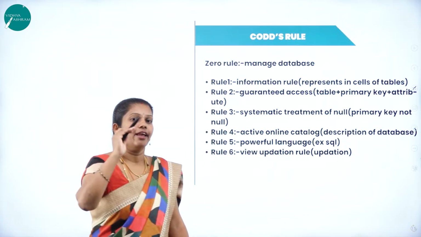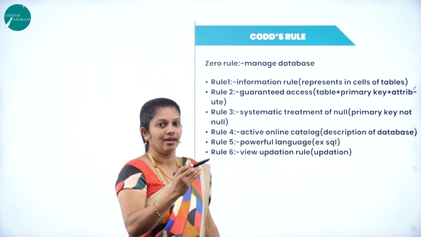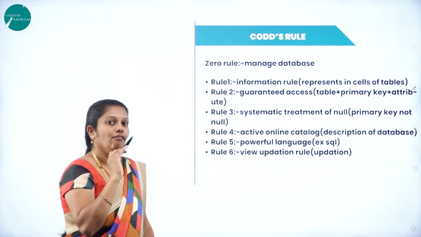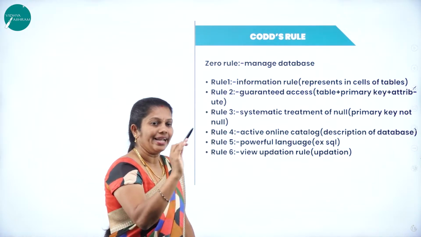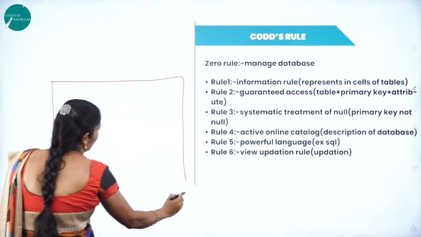If I want to write any program or store any data, then some rules and regulations you have to follow, especially when I want to write the data in a table format. Consider this is the student table.